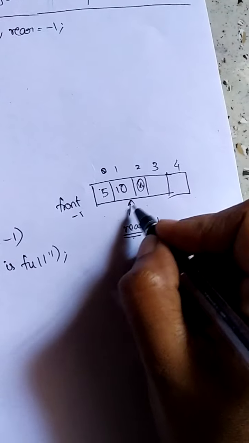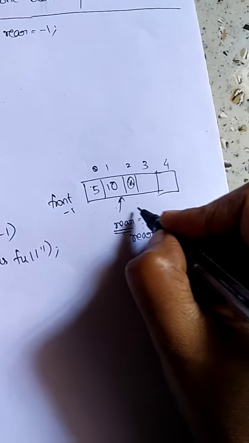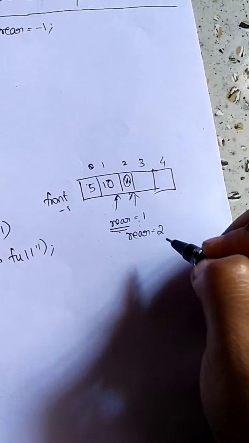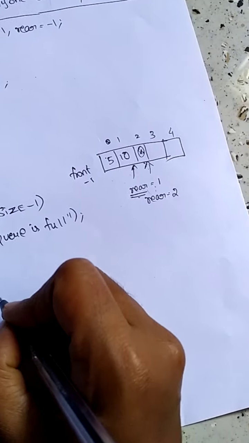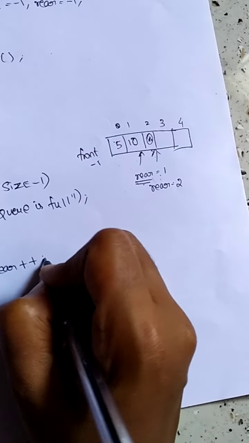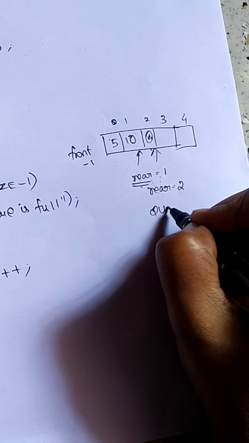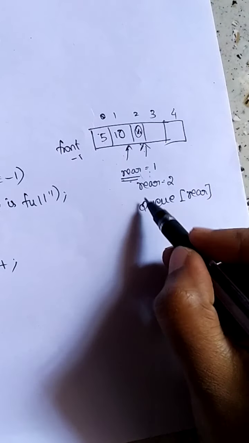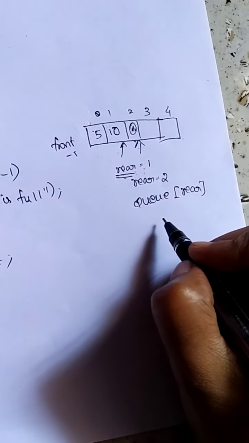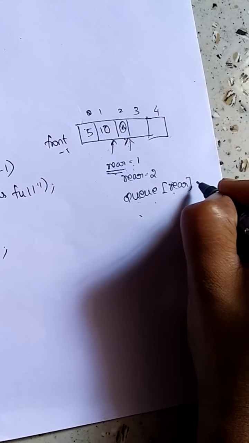First I want to increment the rear pointer. The rear pointer should be 2, so that it will be pointing to here. So rear plus plus, just increment the rear pointer. Now q of rear, this array is my q, so q of 2 will be the new data.